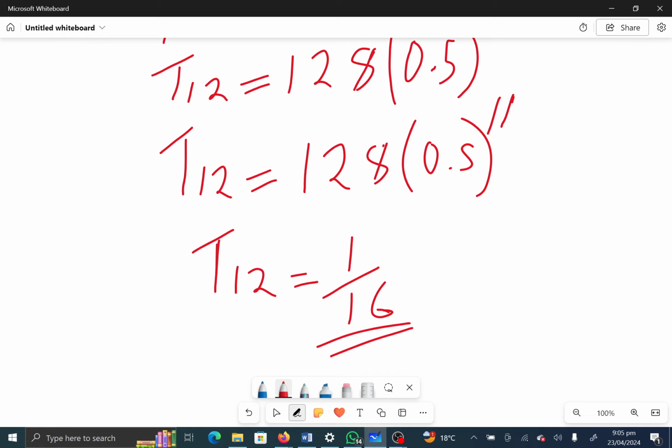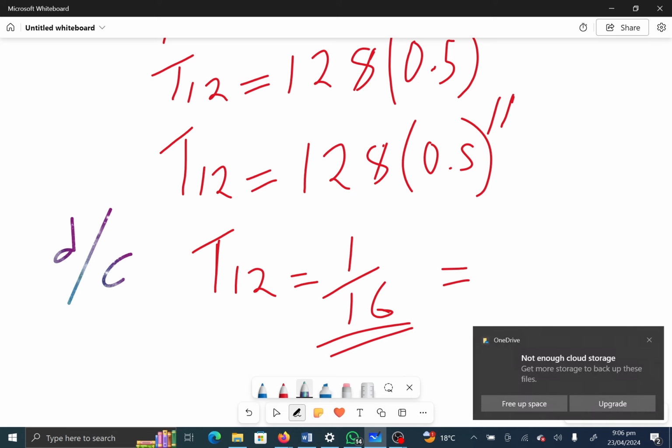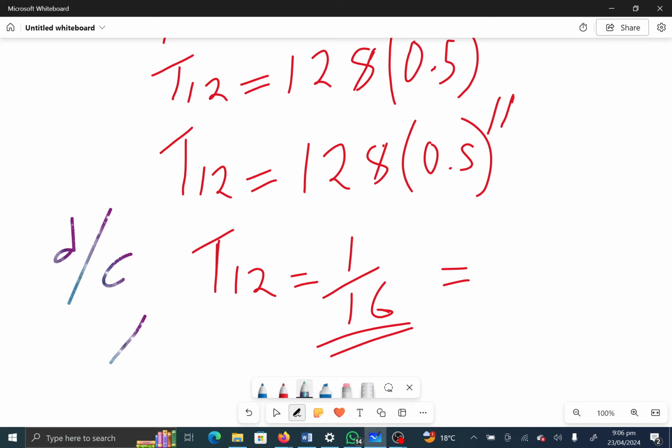If you get 0.00 something on the calculator, when you press the fraction symbol, on a Sharp or a Casio, it will convert your answer into fractions.